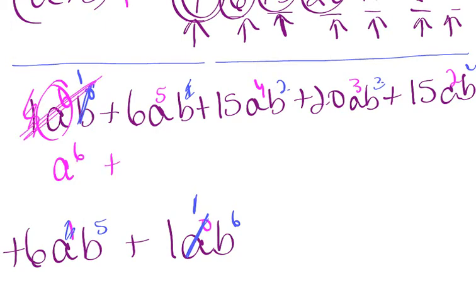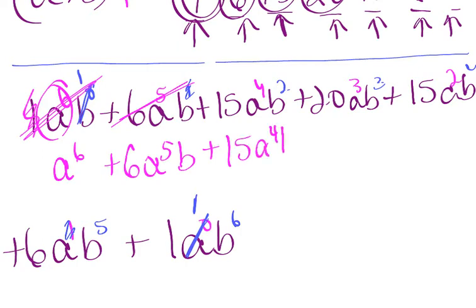My second term, I've got 6 a to the 5th b. My third term is just that. There's nothing, just straight copy: 15 a to the 4th b squared. My fourth term, same thing: 20 a cubed b cubed.